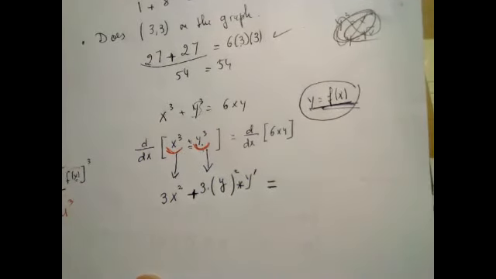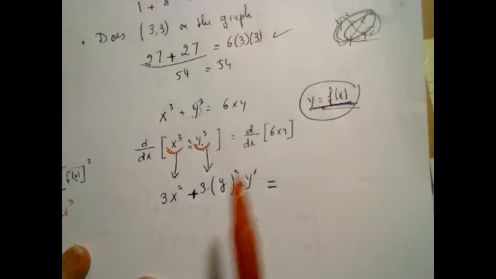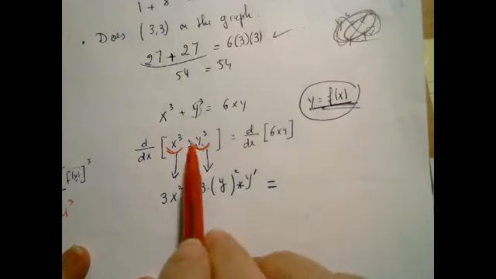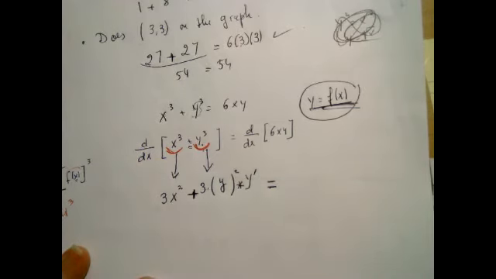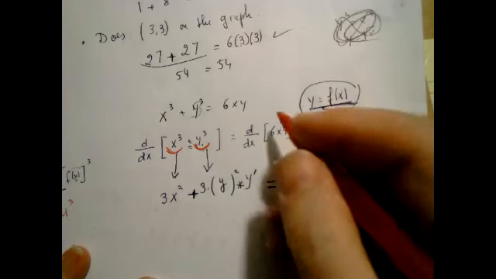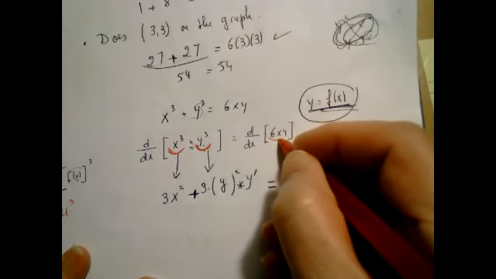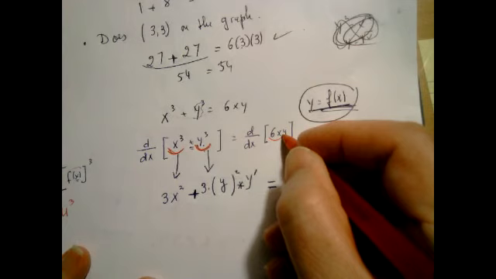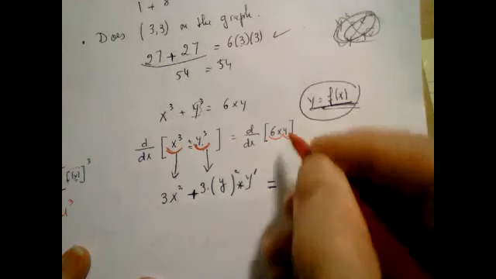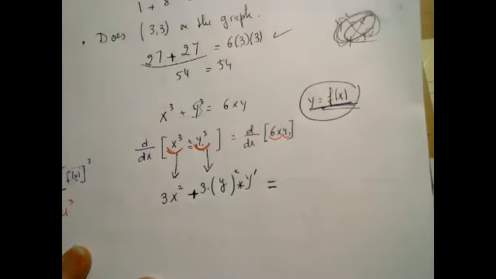Okay. Now, what's this? Derivative of 6xy. What do I see in here? So here it says sum. What I see in here is 6x times y. That's a product.